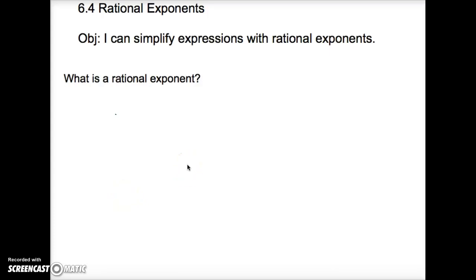Rational exponents. The word rational refers to the type of number. If you remember, a rational number is any number that can be written as a ratio of two integers, or basically a fraction. So a rational exponent is a fractional exponent.